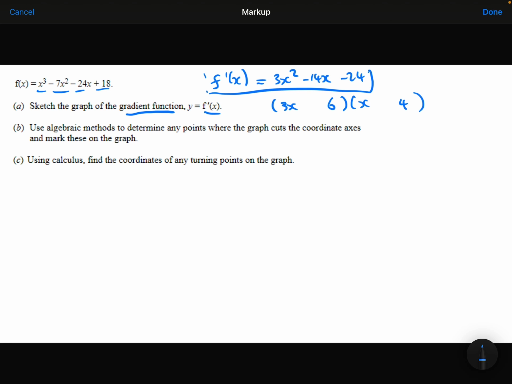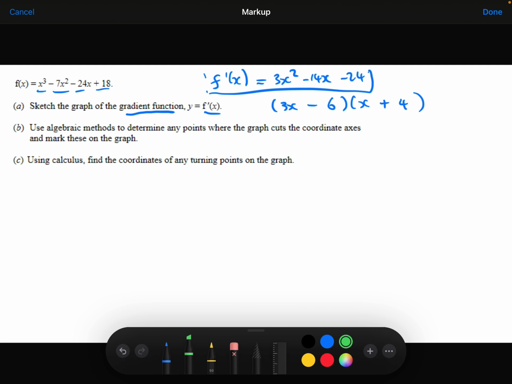If that was a minus and that was a plus, then I'd have a 12x and a minus 6x, which would give 6x, which doesn't quite work, so I think I've got that the wrong way round.